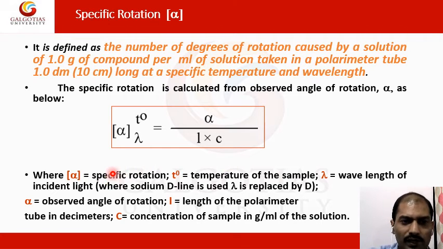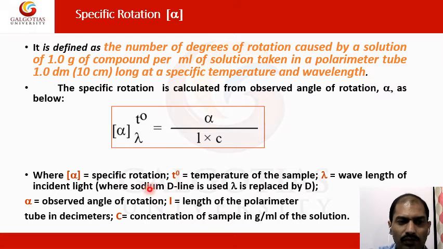Here alpha denotes the specific rotation, t is the temperature of the sample, and lambda is the wavelength of the incident light, where the sodium D line is used, and lambda is sometimes replaced by D. Since you are taking the sodium D line, you can designate lambda as D. Alpha is the observed angle of rotation, l is the length of the polarimeter tube in decimeters, and concentration, as already discussed, is taken in gram per ml of the solution.